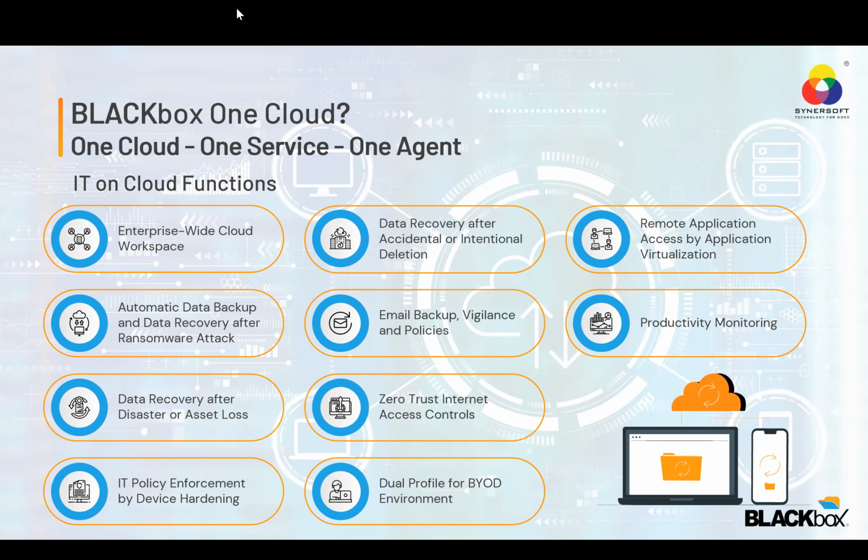So you have one cloud, one console, and one agent. This serves the purpose, as I have explained, that it makes a lot of sense when you have only one cloud and only one service to subscribe to. Now we will see all these features one by one.